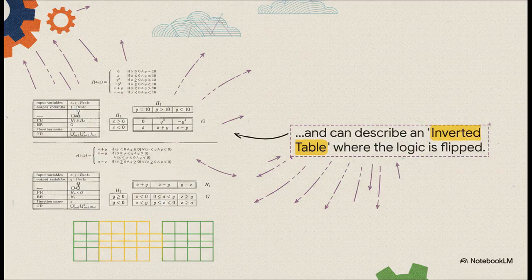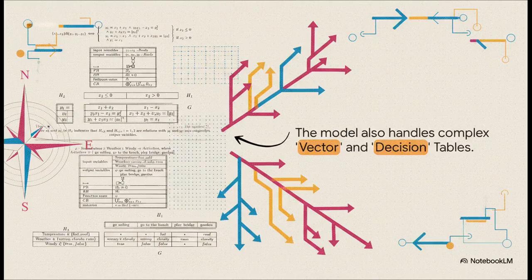And then the exact same framework can describe an inverted table, where the logic is just flipped. Now the grid has the conditions, and the headers have the outcomes. The model handles it perfectly, no changes needed. And it doesn't stop there. The model is so robust it can describe even more complex things, like vector tables and the decision tables that are super common across the whole software industry. It's one map, one framework for all of them.